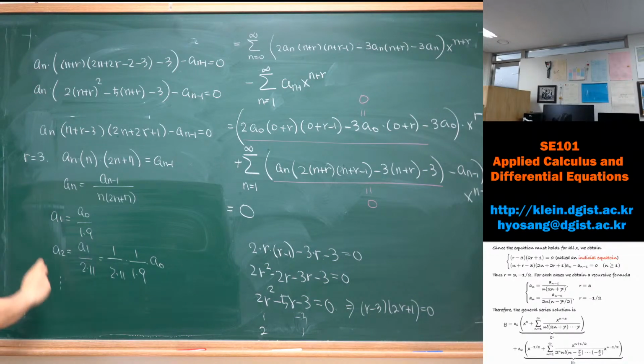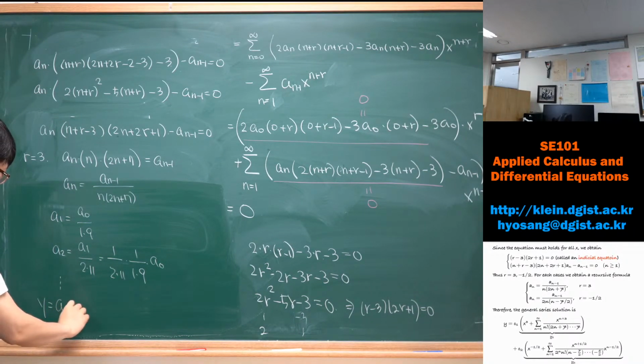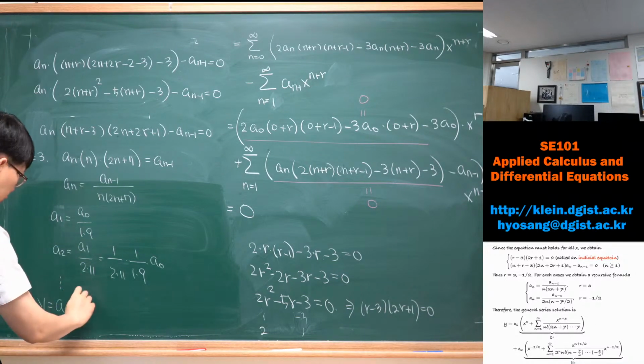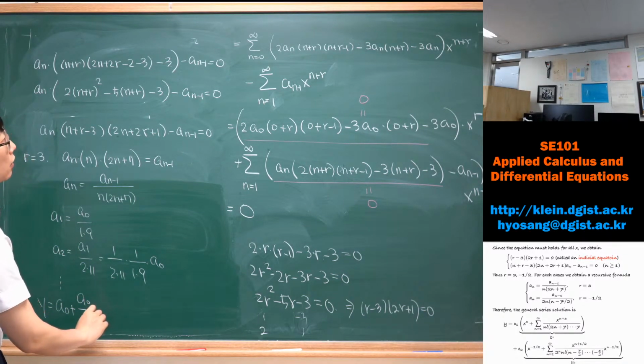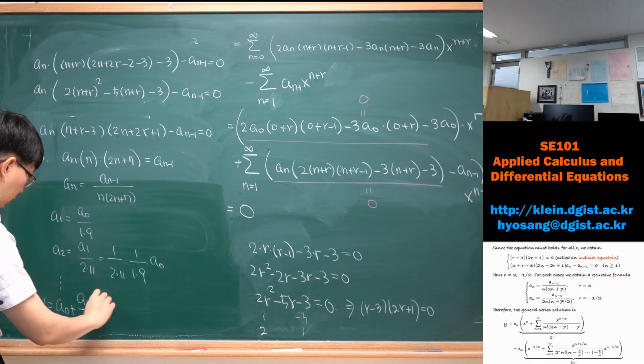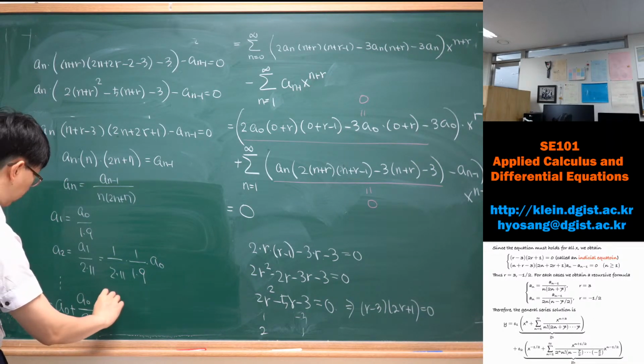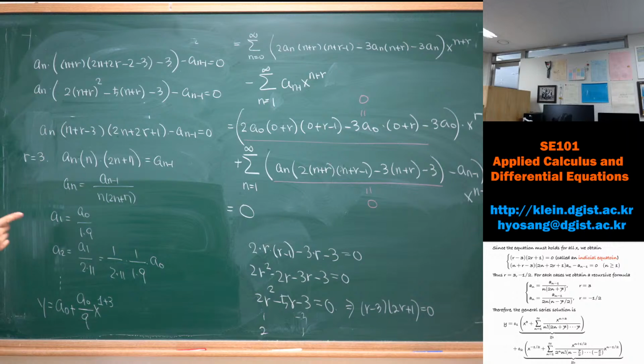Therefore, when r is equal to 3, I know that my solution y is written as a_0 plus a_1, which is a_0 over 9, x to the power 1 plus 3. Because in our original setup for y, we had x to the power of n plus r, right? So r is now 3.